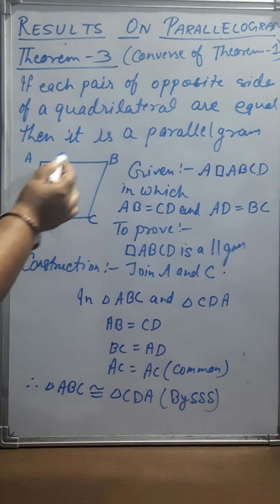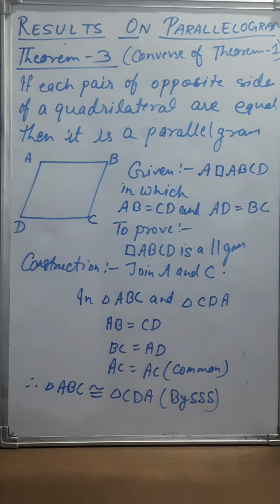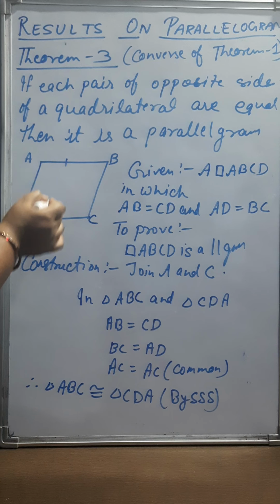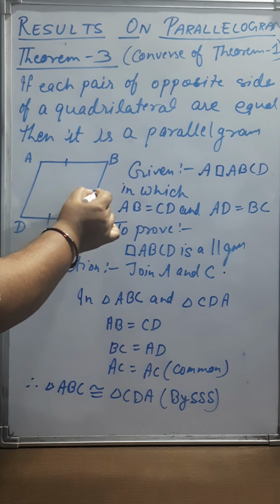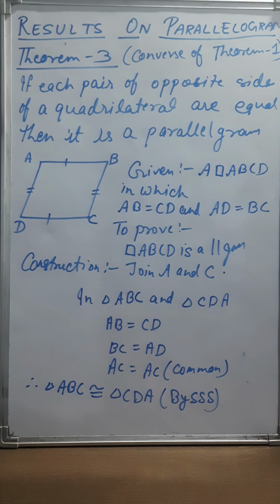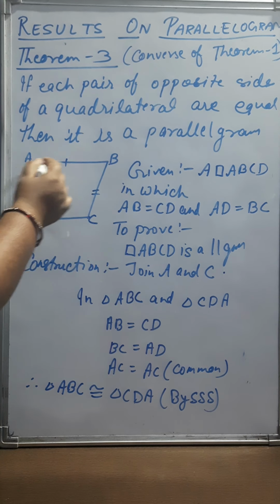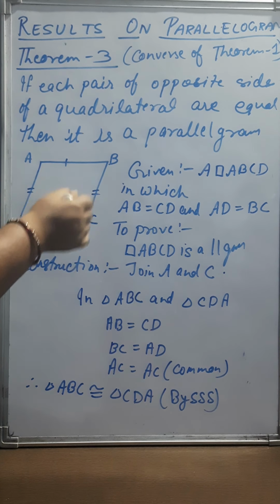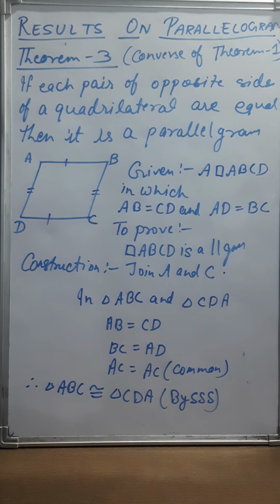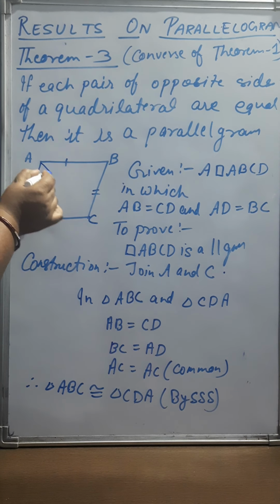So here I took a quadrilateral ABCD in which opposite sides are equal, that is AB is equal to CD and BC is equal to AD. We have to prove that it is a parallelogram. We know by the definition that a parallelogram is a quadrilateral in which opposite sides are parallel. This means to prove ABCD is a parallelogram, we have to prove that AB is parallel to DC and BC is parallel to AD. So for that, we have joined A and C.